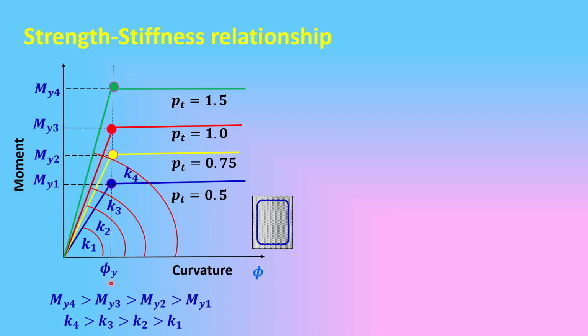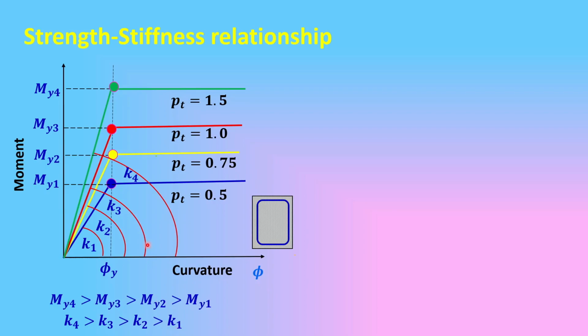And similarly, as we have seen, the corresponding yield moments My1, My2, My3, My4, where My4 is highest. So we can write My4 is greater than My3, greater than My2, greater than My1. And from the tangent of the angles, K4 is greater than K3, greater than K2, greater than K1.